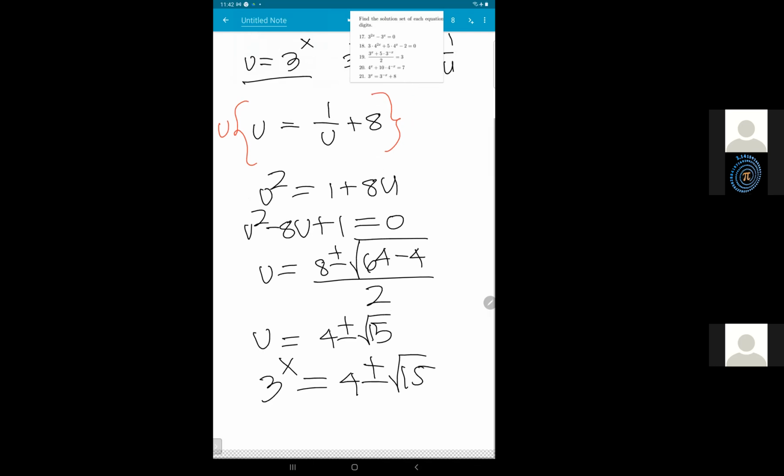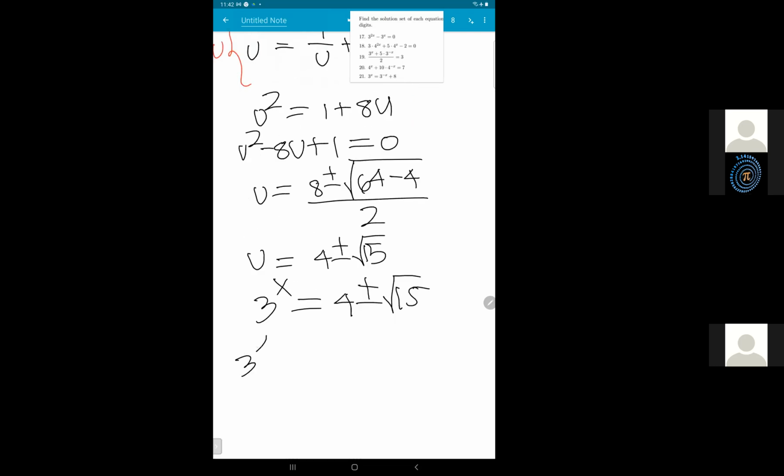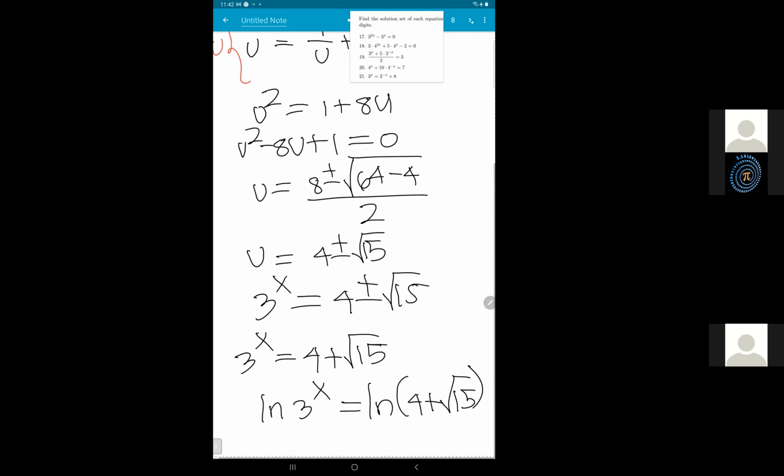And that means you have two cases actually. Let me do the first one. So how do you solve for x here? Well, you just use the technique we used a while ago. Take the logarithm of both sides. And you can bring this down.